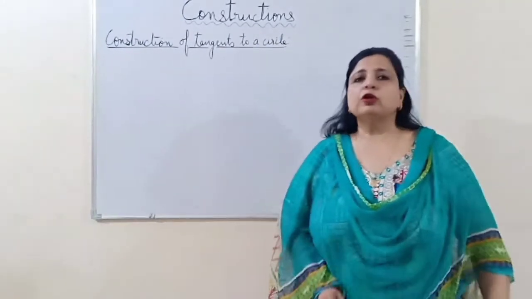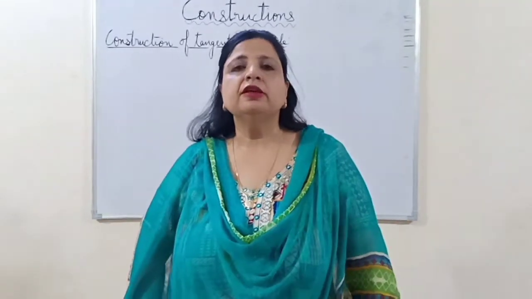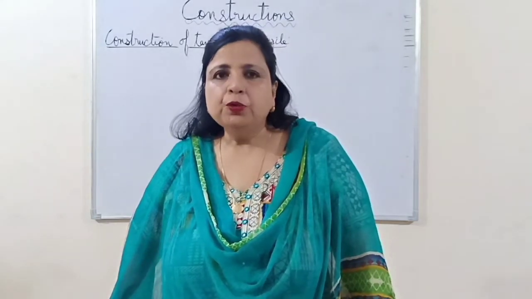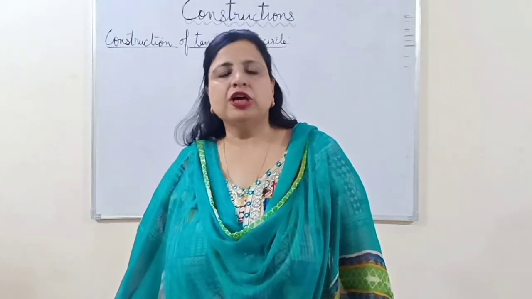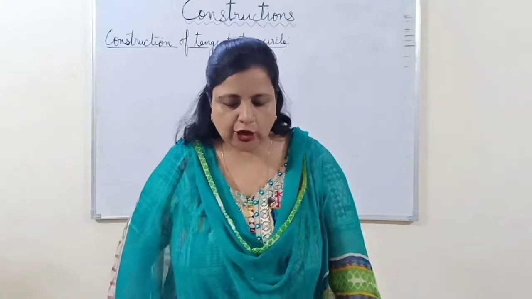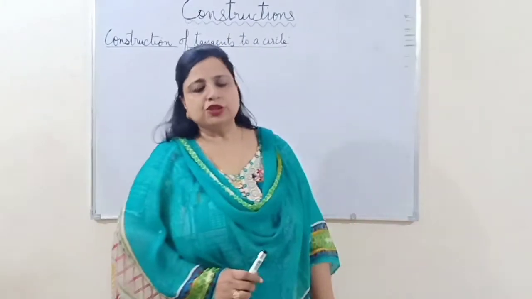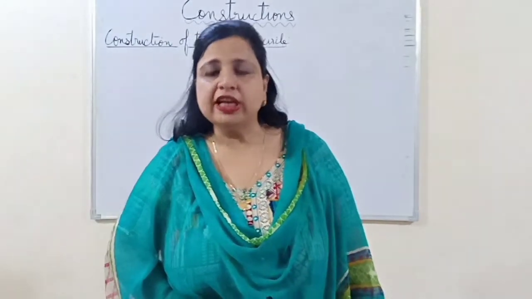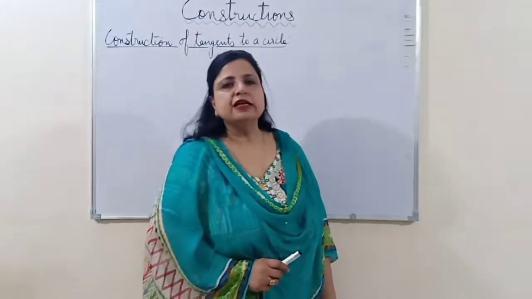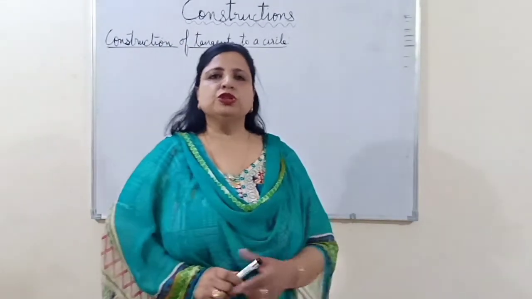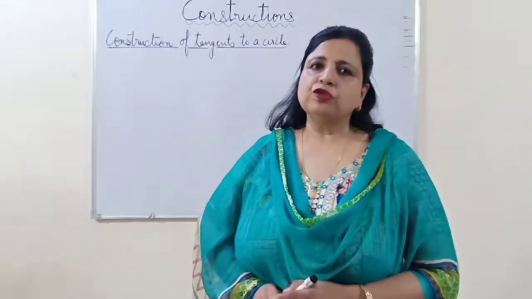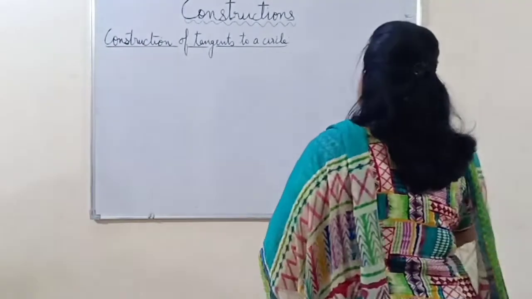But before doing construction, let me tell you something related to chapter circles. Now in circles, there is a theorem that the tangent at any point of a circle is perpendicular to the radius through the point of contact. What does it mean?